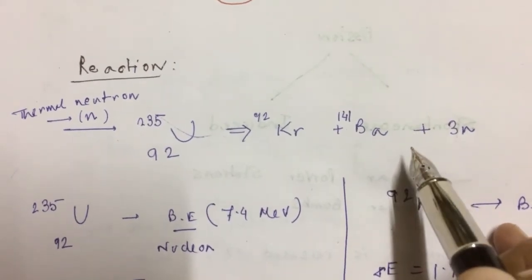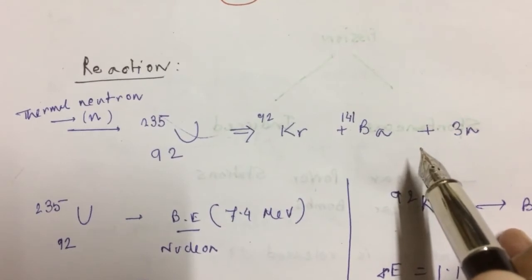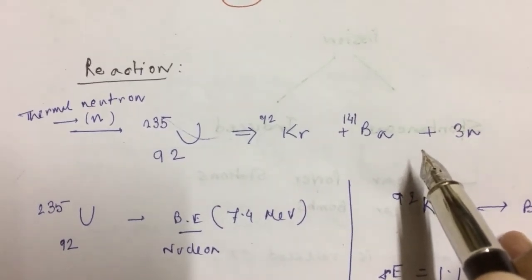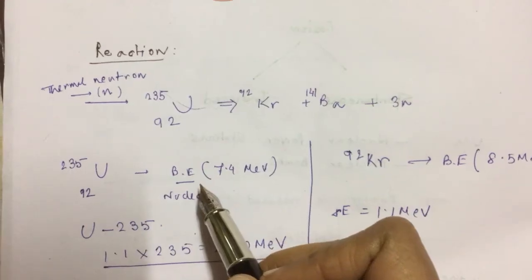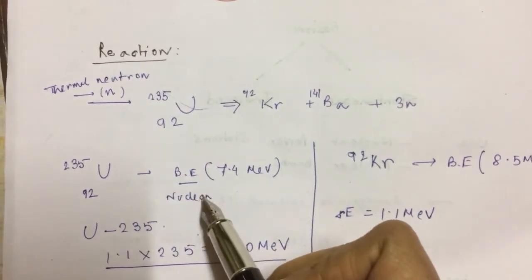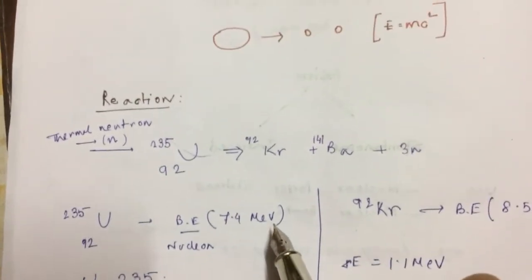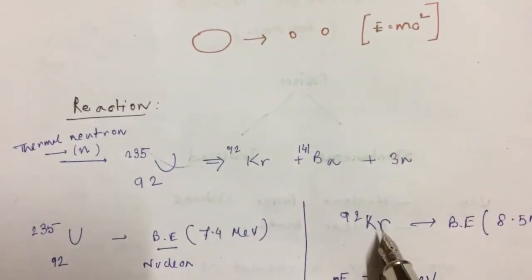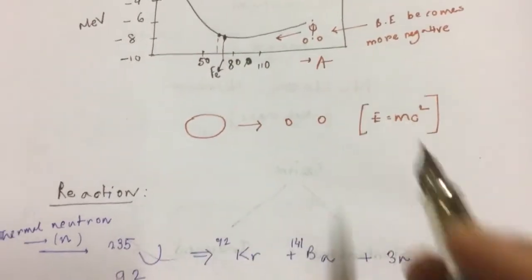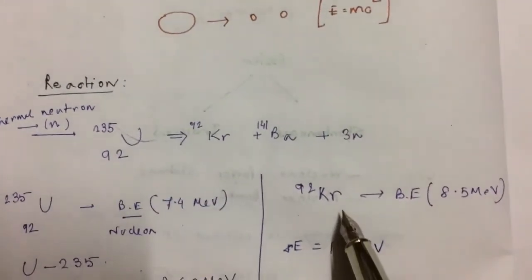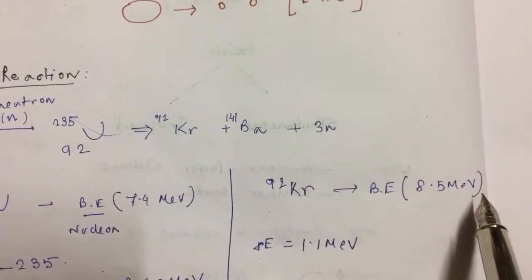In a nuclear reactor, this reaction is controlled, but it is very dangerous in the case of an atomic bomb, where this reaction is not controlled. For uranium, the binding energy per nucleon is about 7.4 million electron volt. But for the smaller fragment krypton, it is lying on this side, and in the case of krypton, the binding energy per nucleon is about 8.5 million electron volt.